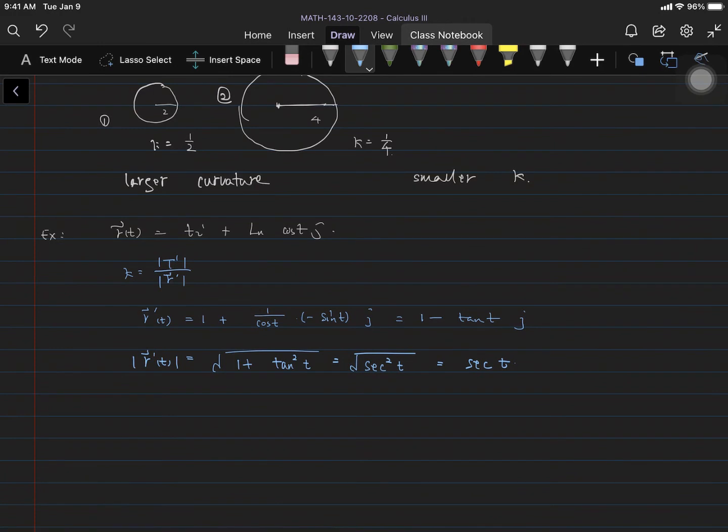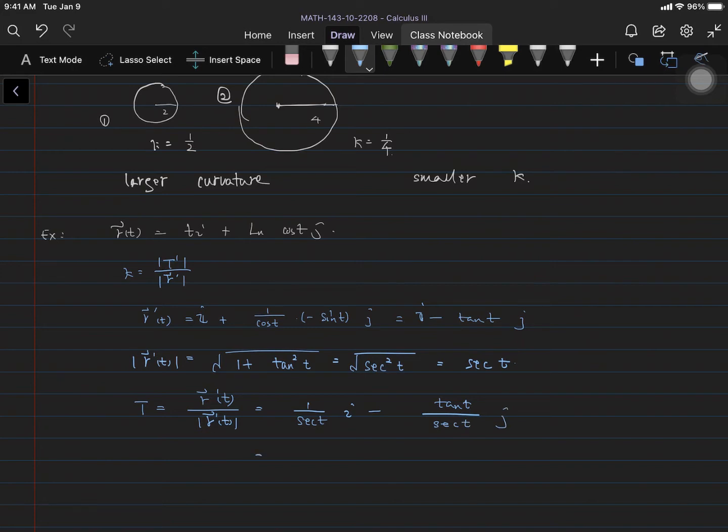Next, let's calculate T. T equals r prime(t) over the length of r prime(t), which is 1 over secant t i minus tangent t over secant t j.